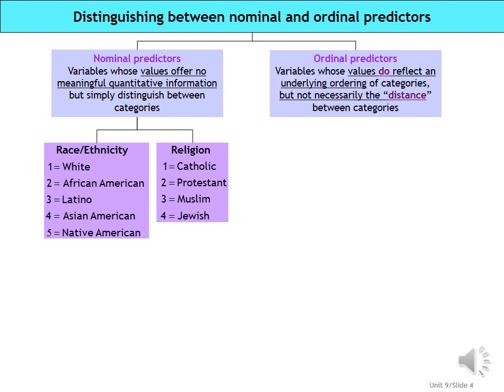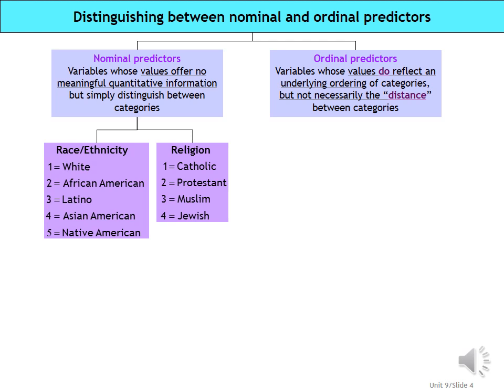The other categorical variable we have is ordinal predictors. The only difference compared to the nominal ones is that the values reflect an order, but not necessarily the distance between the categories.